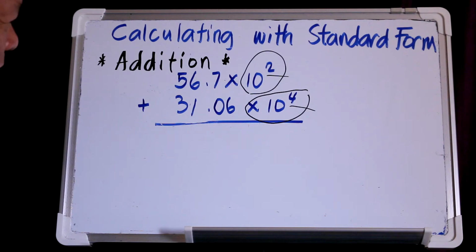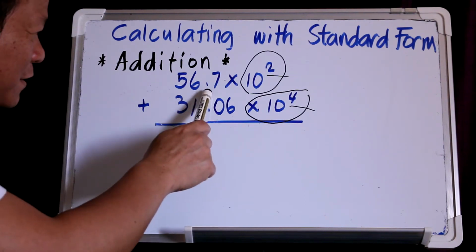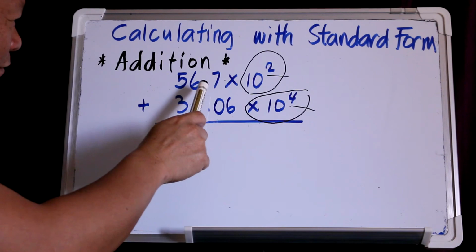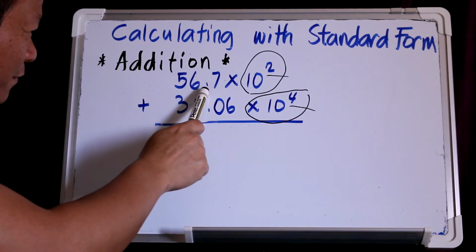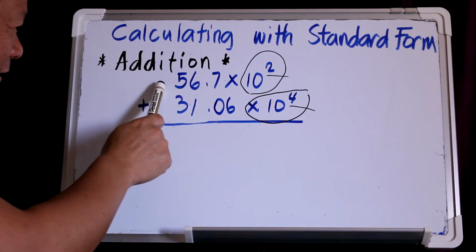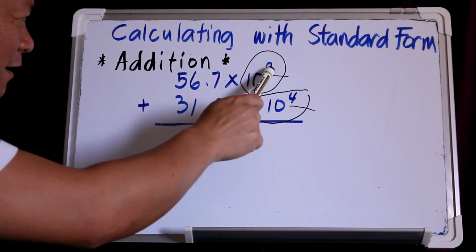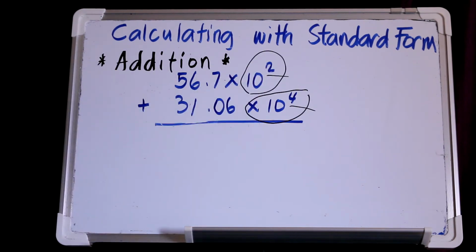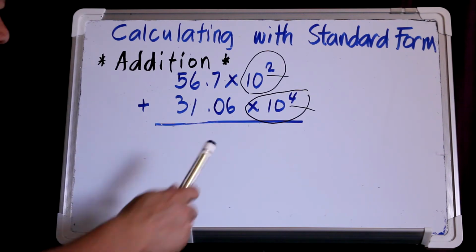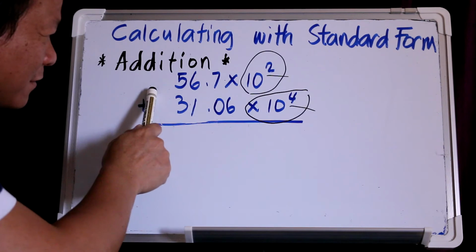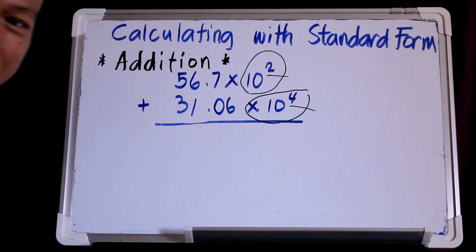Get the point? So if we move the decimal point two places, this becomes 4. So you can change this number or that number.